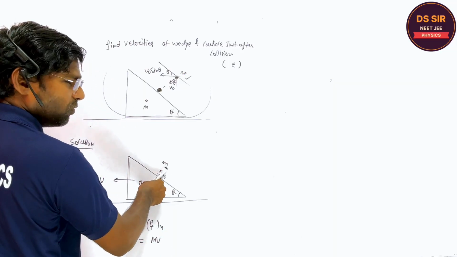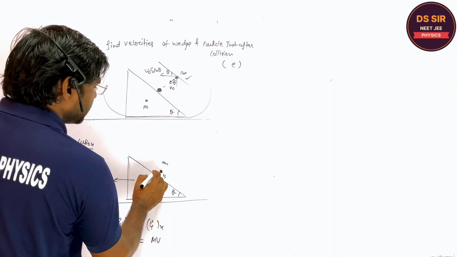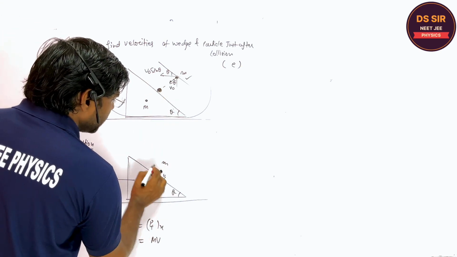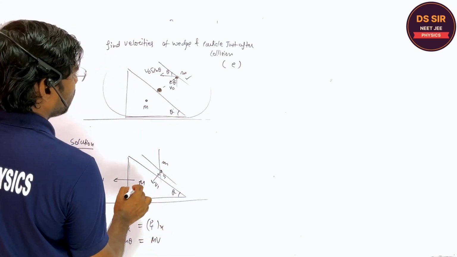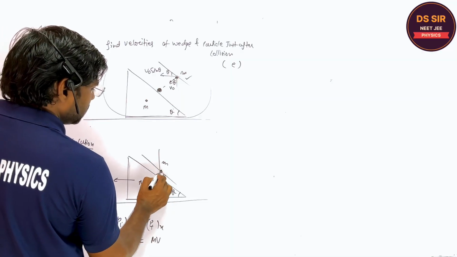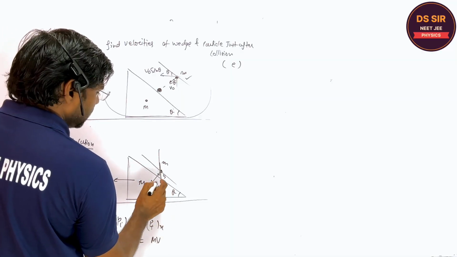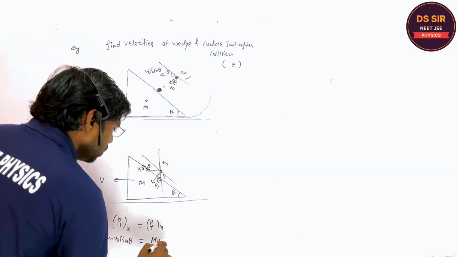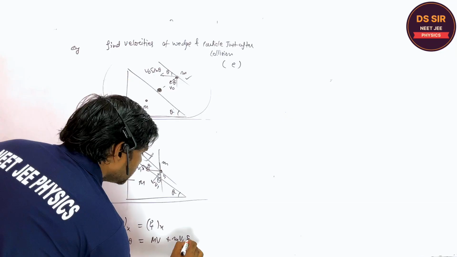It is again moving with the speed v1, right? If this is the v1 speed of the particle m, what is the component? If this is theta, this is v1 sine theta. So m into v1 sine theta.